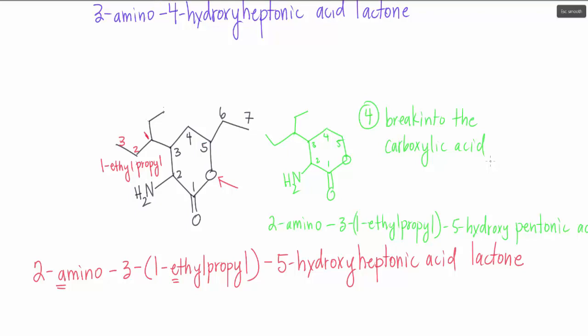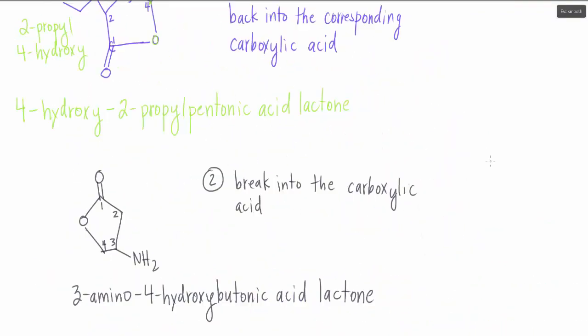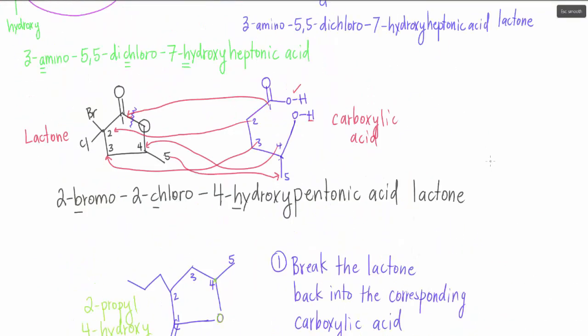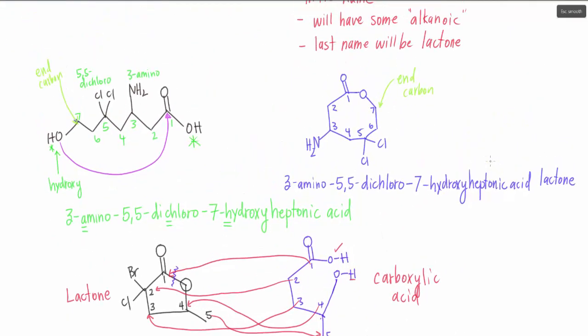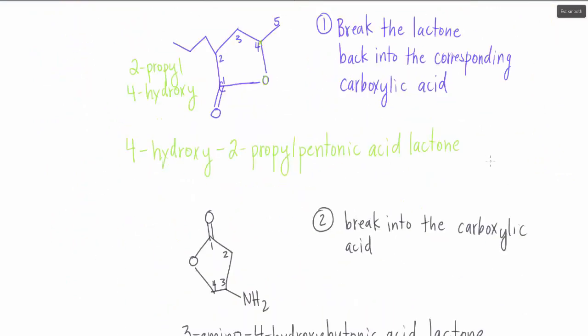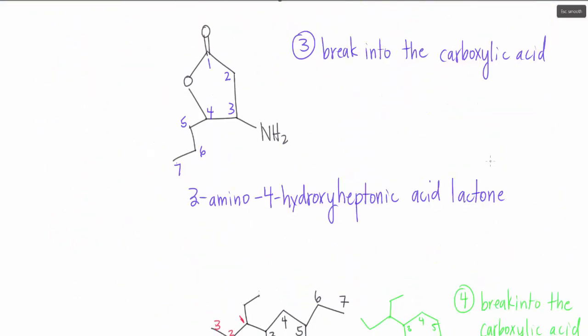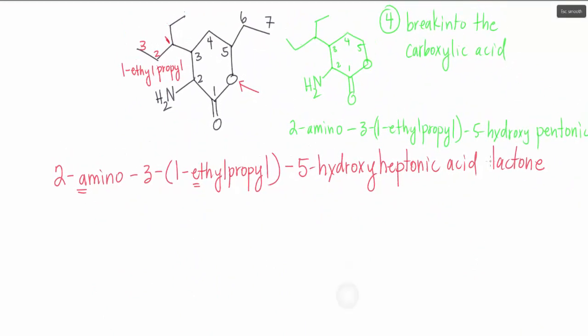So if you break it into the carboxylic acid, if you want to do the open chain cyclic structure like I did here, that's fine. Or you can make the straight chain structure, doesn't matter. You should be able to recognize both.